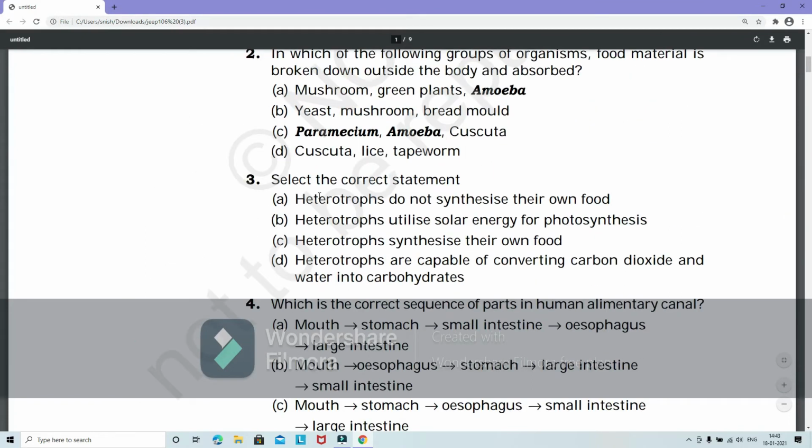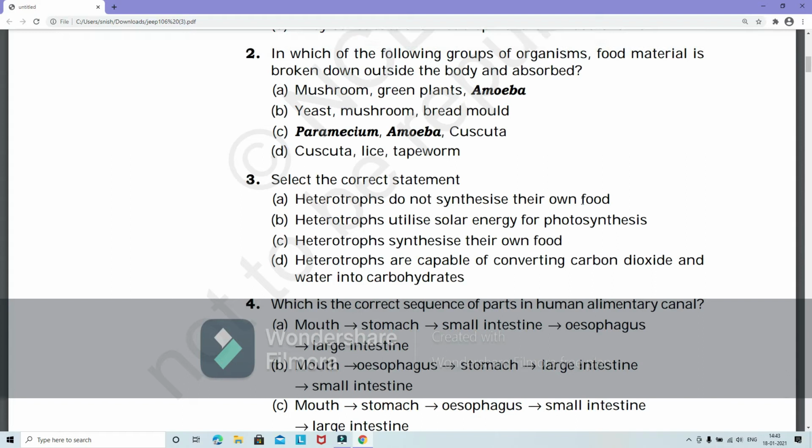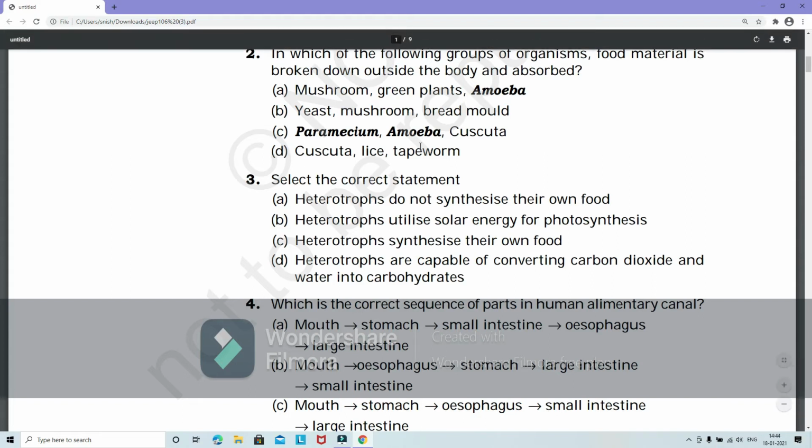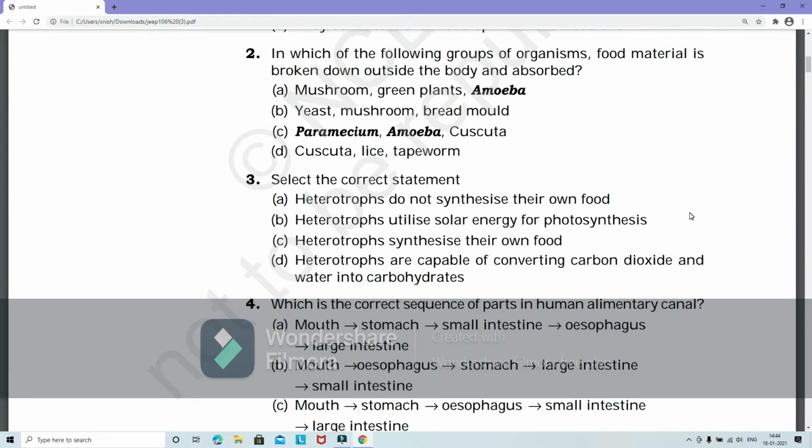Third one. Select the correct statement. Heterotrophs do not synthesize their own food. Is it true? Yes, it is, right? So the first option itself is the answer. Next one, heterotrophs utilize solar energy for photosynthesis. But heterotrophs do not perform such a reaction, right?